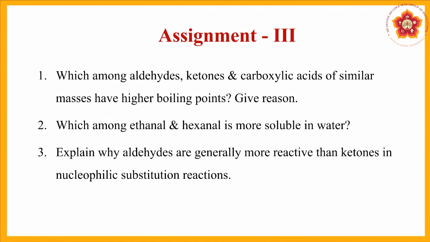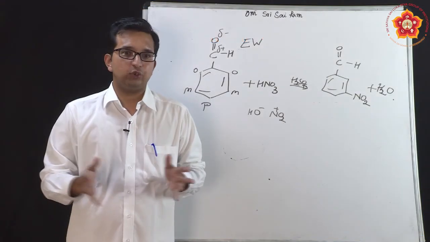Which among ethanol and hexanol is more soluble in water? Once again the attractions become important. Explain why aldehydes are generally more reactive than ketones in nucleophilic substitution reactions. It was very clearly explained to you, so you can explain the steric factors and electronically important factors which are present.